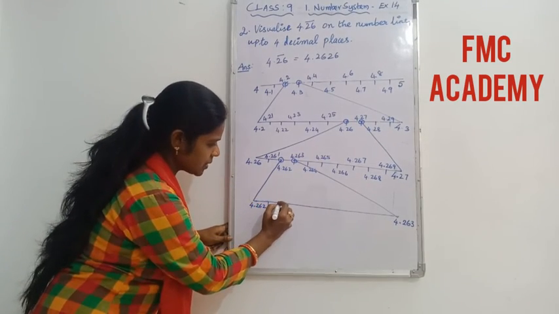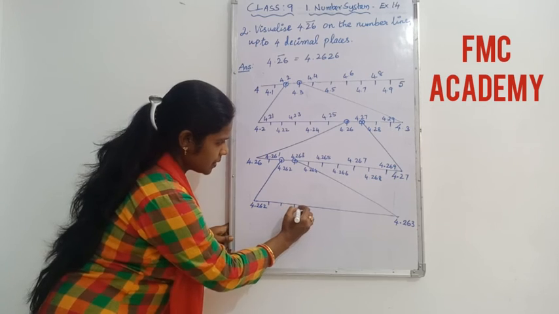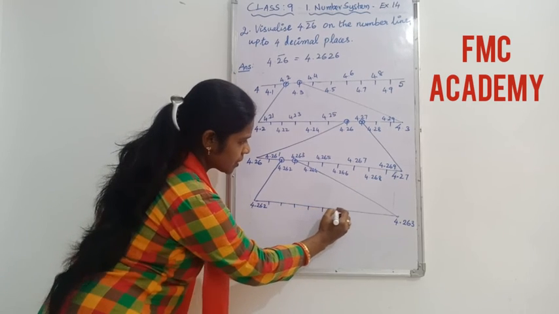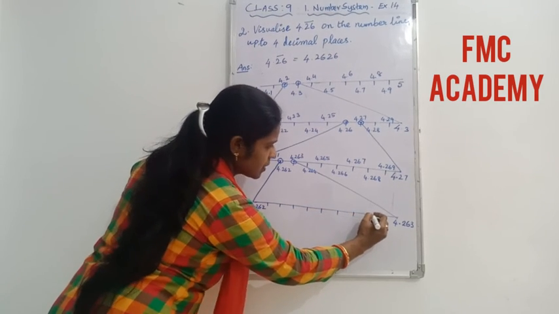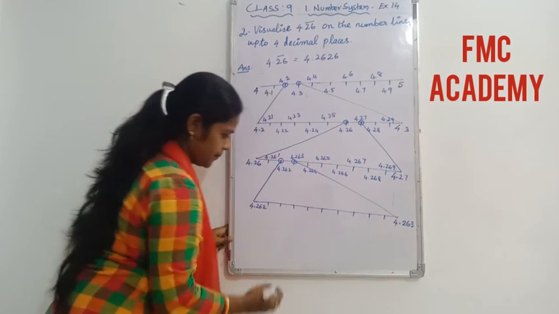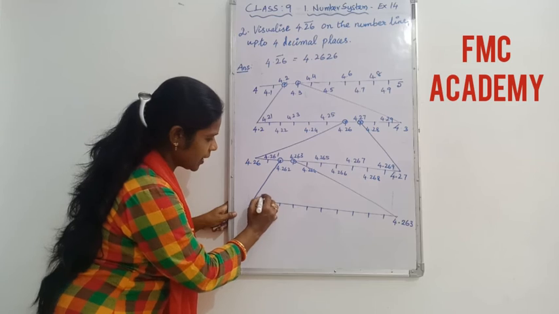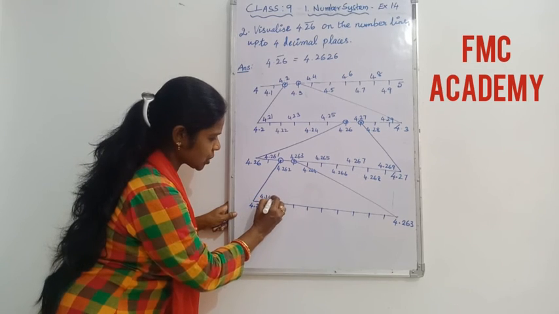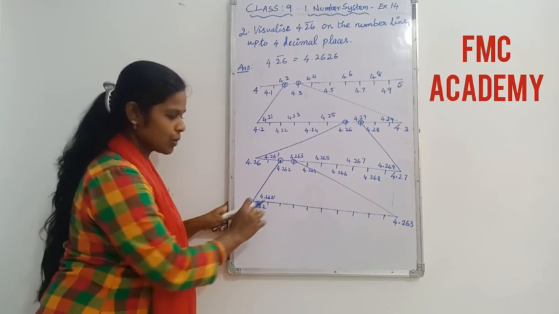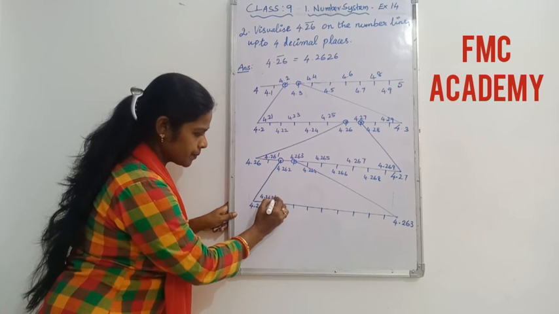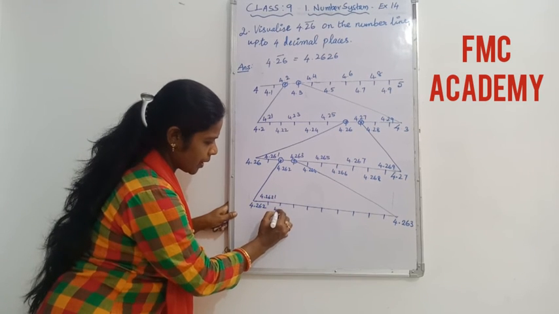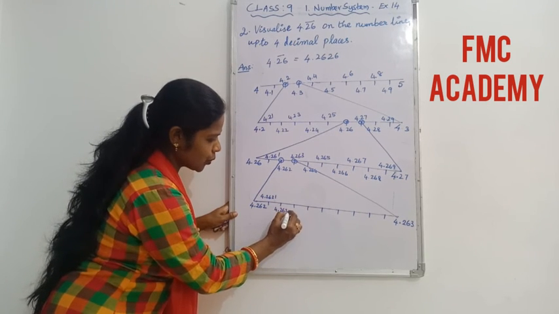So the first part, second, third, fourth, fifth, sixth, 7, 8 and 9. So the first one, see here 4.262. So you will write 4.2621. And then 4.2622.